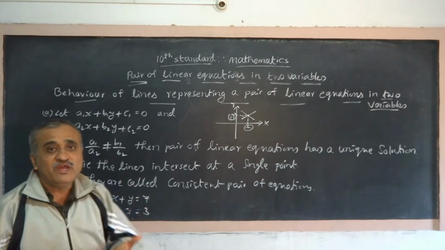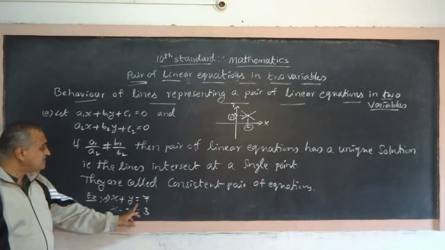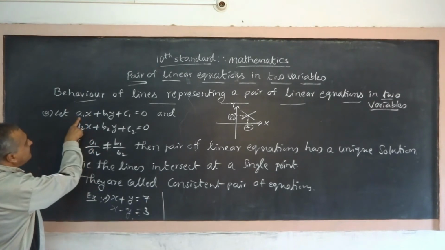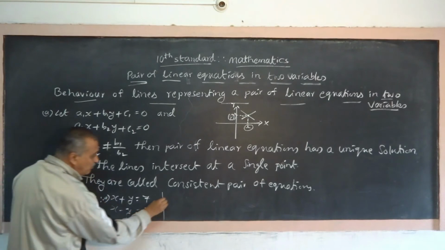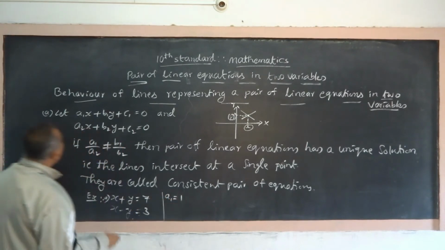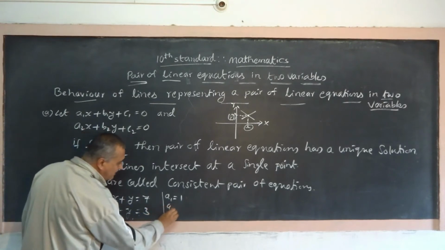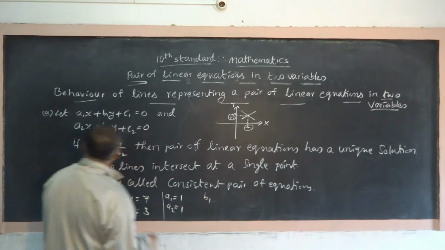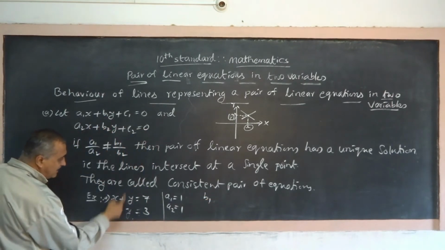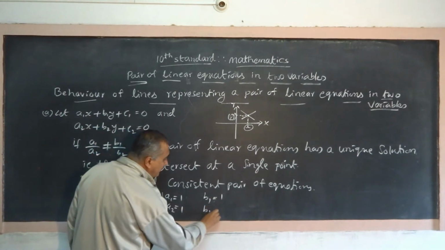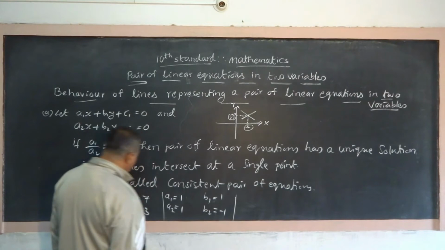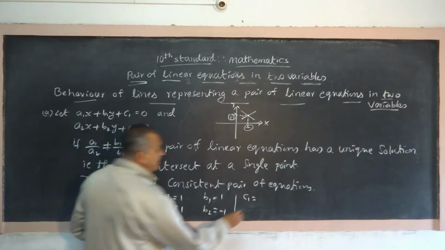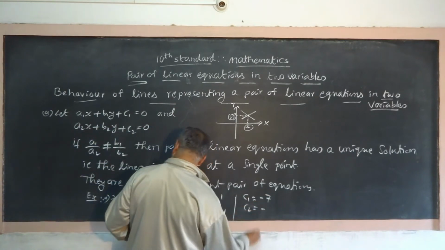equal to b1 by b2. Example: x plus y equals 7, x minus y equals 3. Here a1 equals 1 and a2 is also equal to 1. b1 is 1 and b2 is minus 1. c1 is minus 7 and c2 is minus 3.